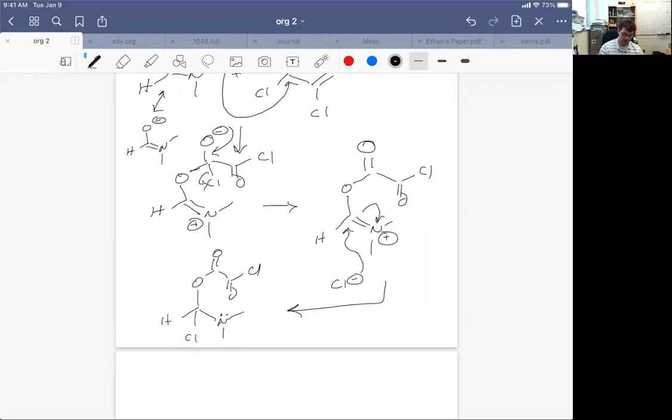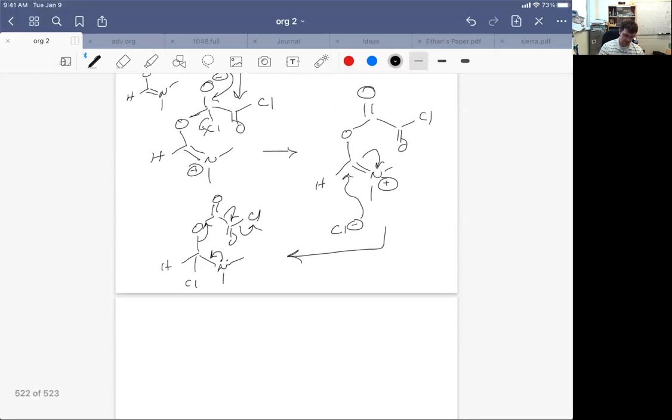which is now neutral, but it won't stick around for long because we have a thermodynamic driving force where we can remake the carbon-nitrogen double bond, only we're going to break a carbon-oxygen double bond to make a new carbon-oxygen, we can break the carbon-oxygen single bond to make the carbon-oxygen double bond of CO2, push electrons over to make carbon monoxide, and release Cl-.